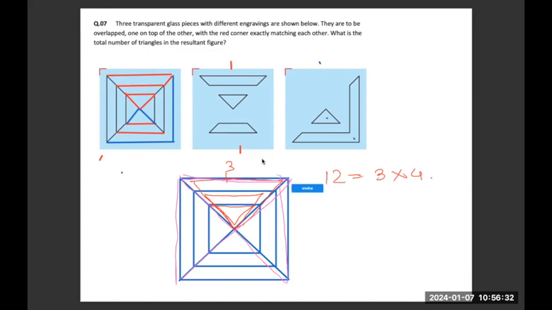Excuse me, ma'am, it's not joined. I mean, there's no line in the bottom right corner. Ah, okay.